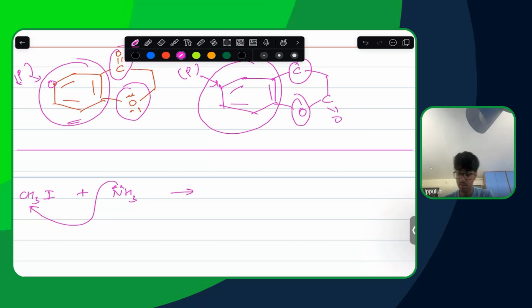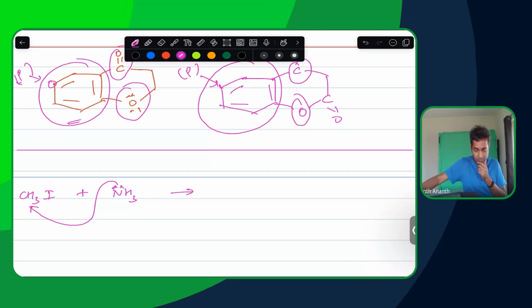What is given? Yes, sir. See, sir, the logic will go like this. Why is B best first? Why is B better than A? Let's look at that. Because in B, the lone pair has enough space.